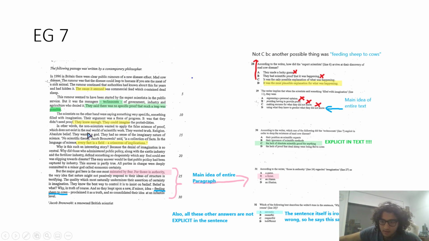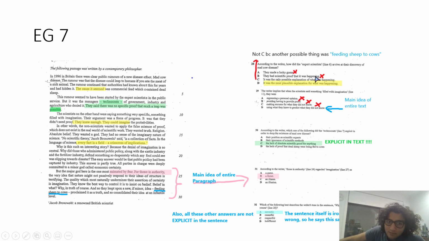Let's look down. Now, because we've read it all carefully and we understand, we remember, oh wait, there was another possible thing. That's what the non-science people, right? All the government people were saying that feeding sheep to cows was actually what was causing people to get the disease, right?